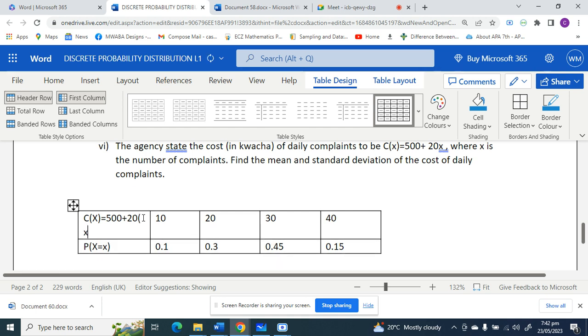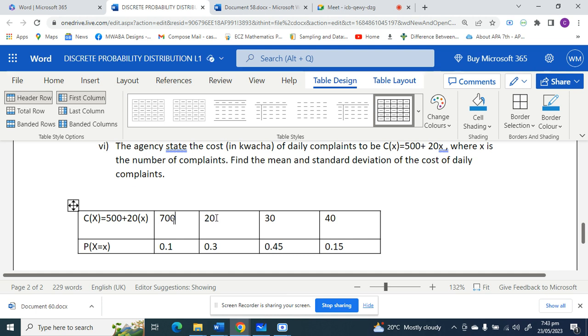That's what we are finding here. So let's replace X with 10 in this function. What value are we getting? 200 plus 500? 700. So that's the cost of 10 complaints.